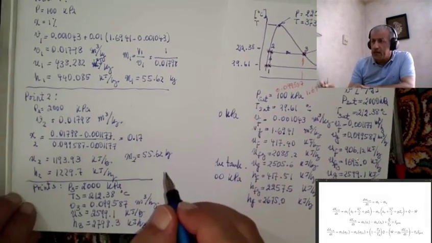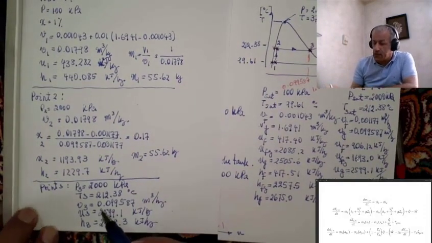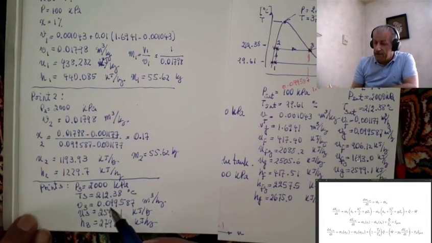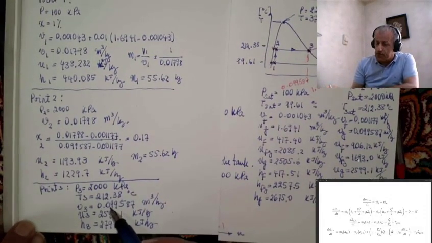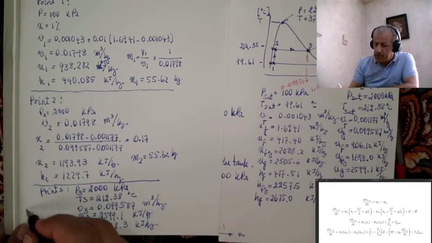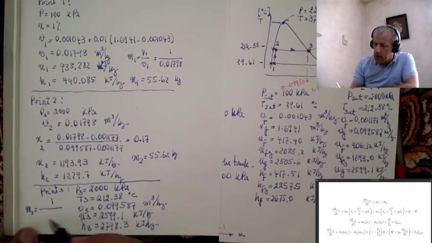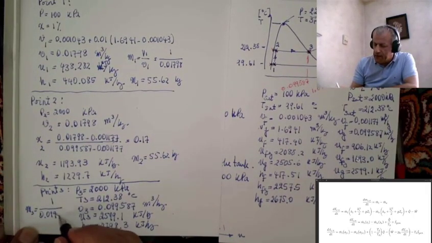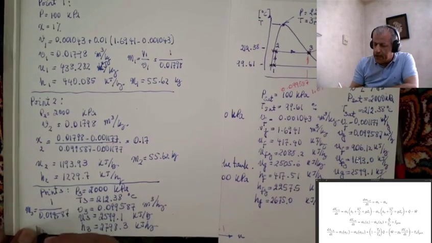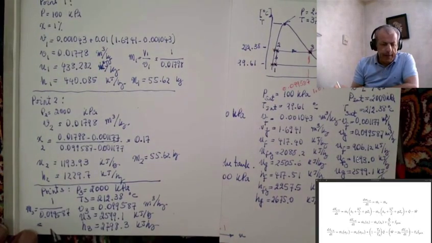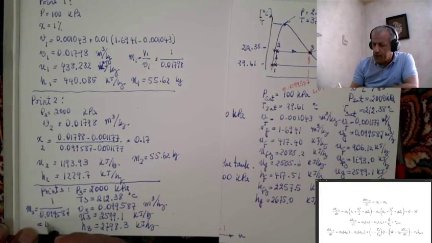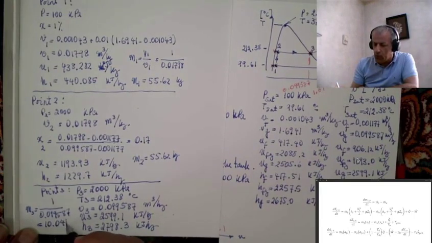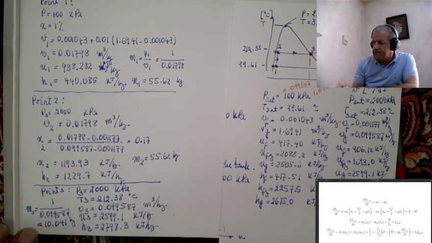But as far as point 3 is concerned, because some vapor, some steam, is let out, m3 would be 1 over 0.099587, and that would be 10.041 kilograms.